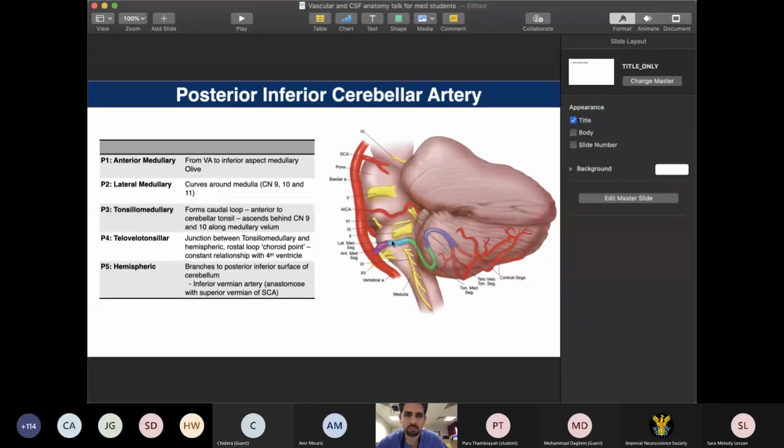An infarct of these segments will cause lateral medullary syndrome, which is Wallenberg syndrome, which is the kind of thing that I think would come up in some examinations, even at medical school.